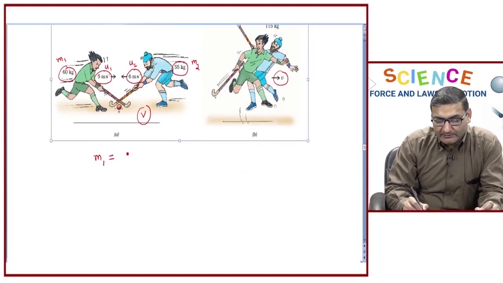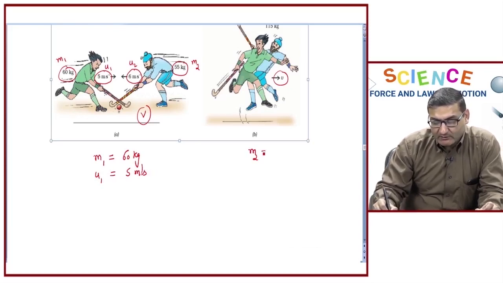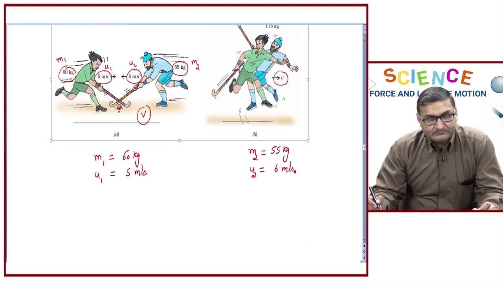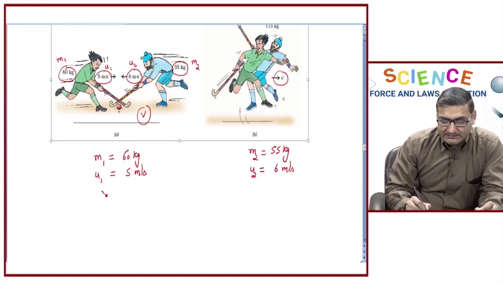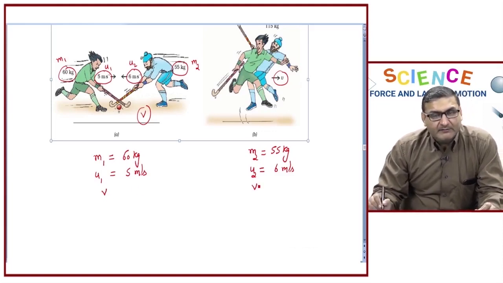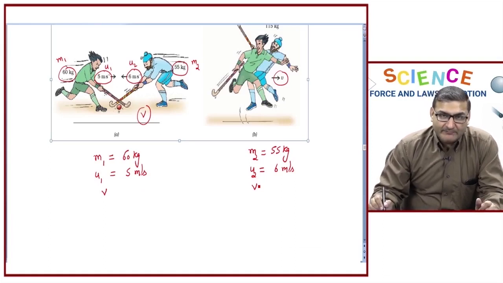Mass of the first hockey player is given to be 60 kilograms. The initial velocity of the first hockey player is given to be 5 meters per second. The mass of second hockey player is given to be 55 kilograms and the initial velocity of second hockey player is given to be 6 meters per second, right? The final velocity of both the hockey players being entangled will be same and taken to be v.